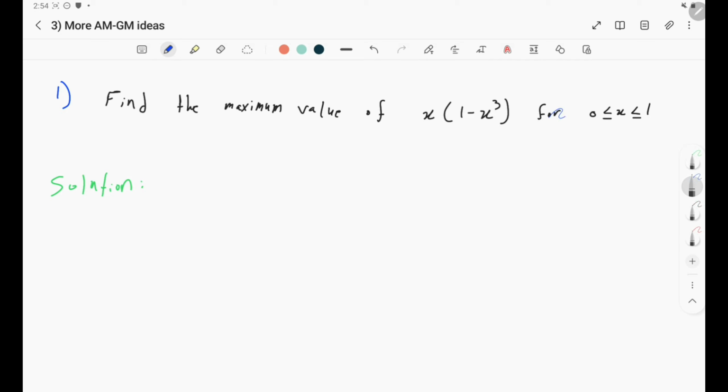So first of all, if you can see, this question is a bit strange in comparison to the previous problems, since here we're asked to find the maximum value. This is not telling us to prove that something is bigger or smaller than something. Here we just have one term.